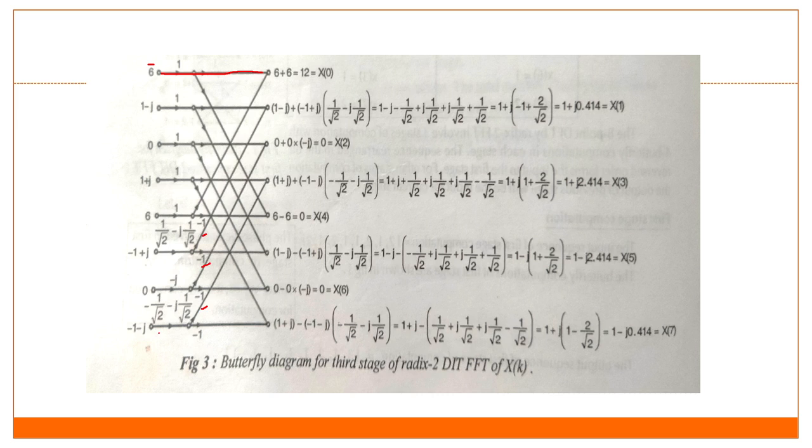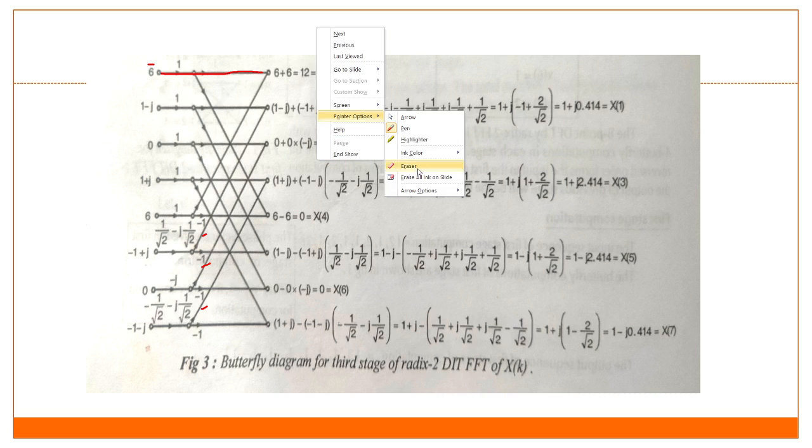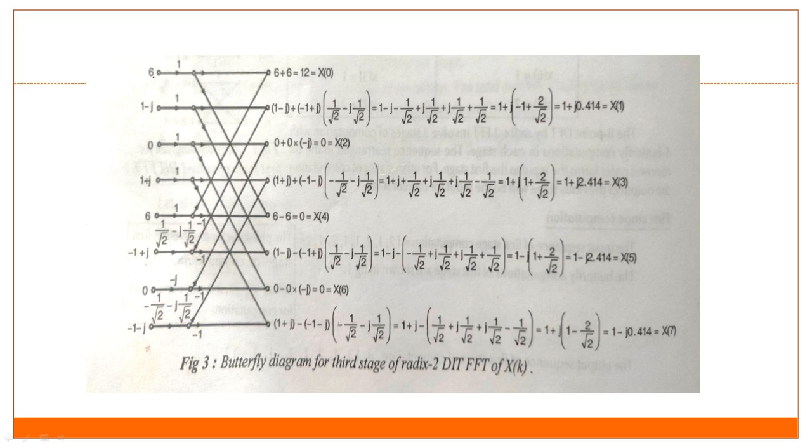And for the odd points, we have to write down the twiddle factor, which is nothing but 1, 0.707 minus j 0.707, minus j, and so on. You have to write it like this. So I will rub the portion first. 6 into 1 is 6, and it is coming over there.